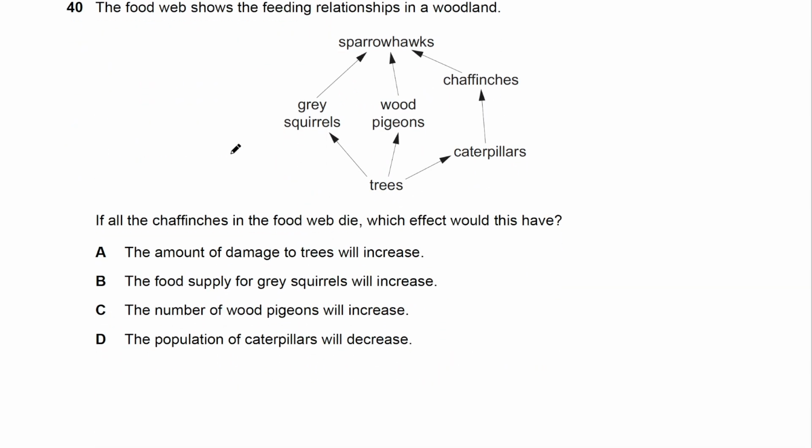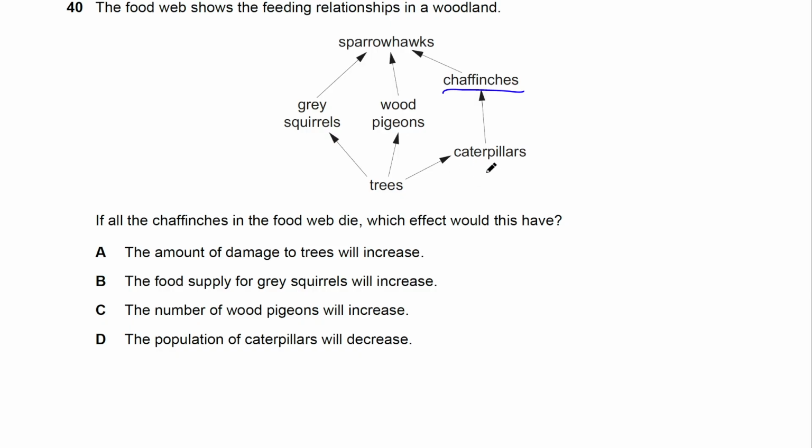The food web shows the feeding relationships in a woodland. If all the chaffinches in the food web die, which effect would this have? Okay, chaffinches are the food for the hawks that will be affected, so maybe their population will decrease.